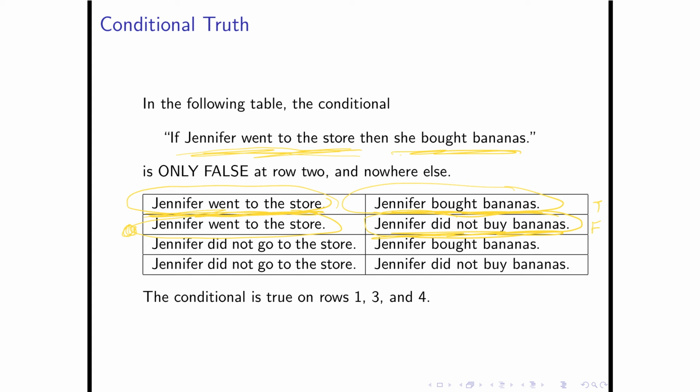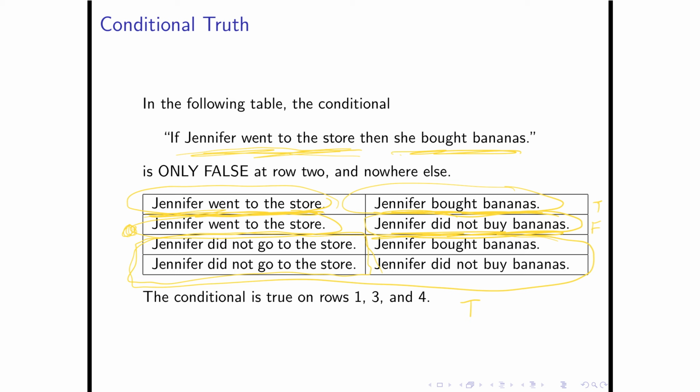Now, the remaining scenarios are basically scenarios which the conditional does not make a claim about. And so we regard this as true because when a conditional says something but does not apply in that scenario, then it should effectively still be allowed to be true, right?